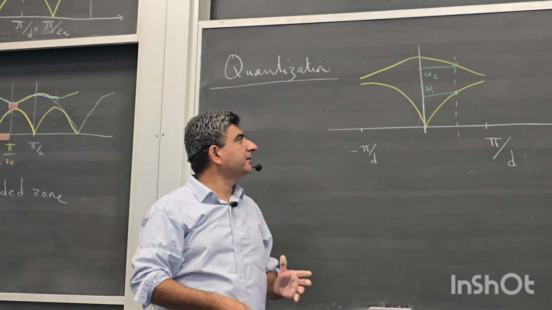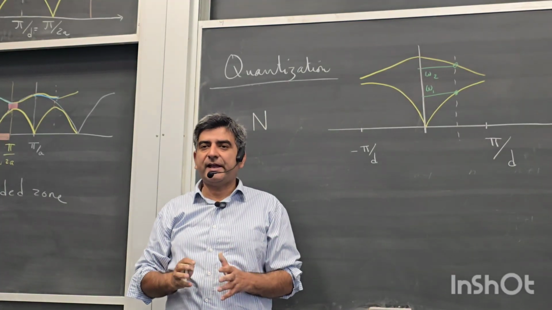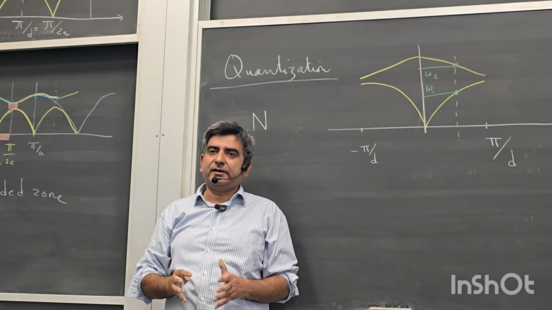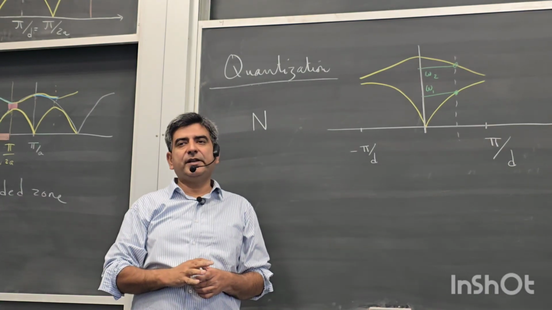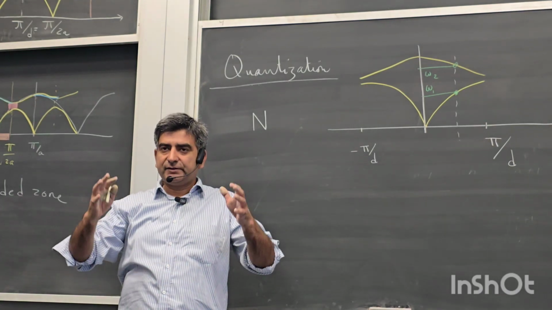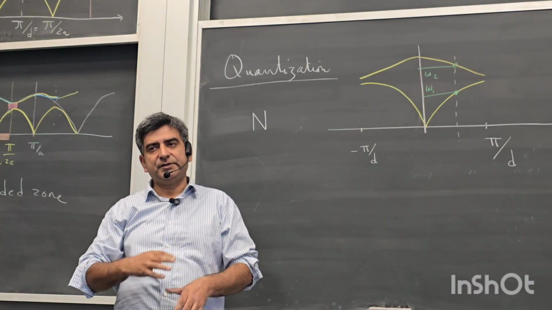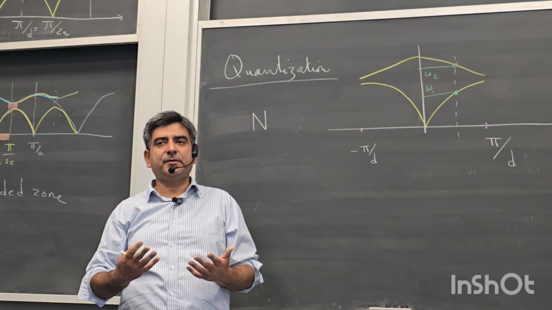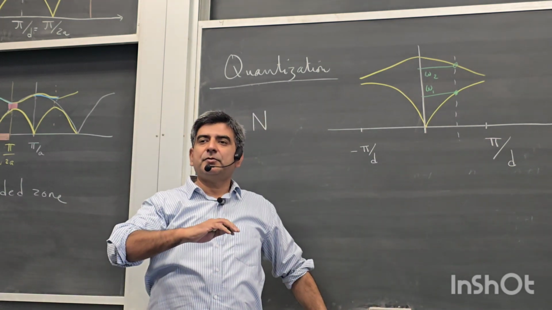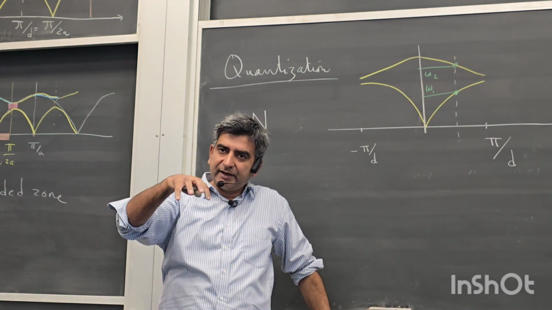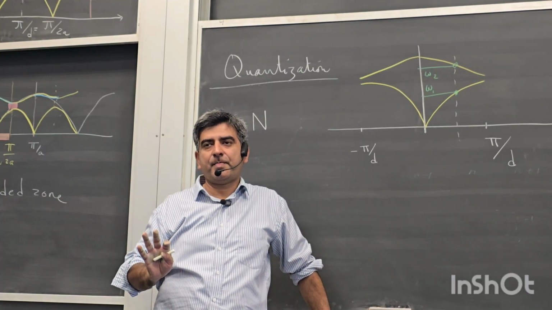So the number of atoms n and the number of lattice points n is finite, it is fixed. So in these cases, this confinement leads to quantization of the K values, which is a general tenet of quantum mechanics as well. So you do not have a continuum of K values, rather you have just a finite discretization of K values possible.